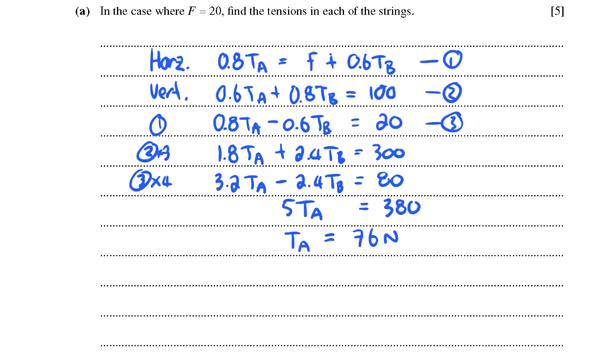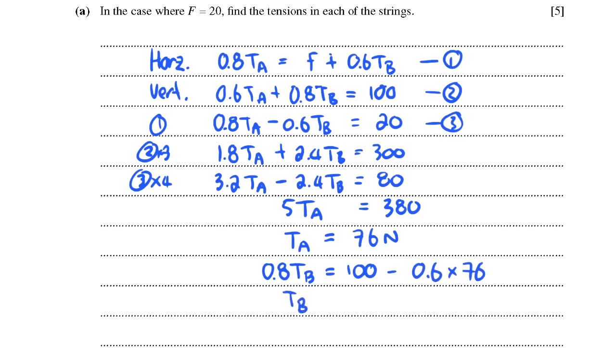I'm just going to rearrange equation number 2. Let's take a couple of steps. 0.8 TB is equal to 100 minus 0.6 times TA, which is 76.